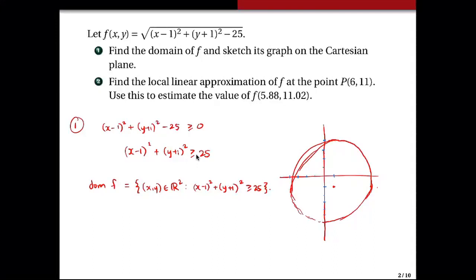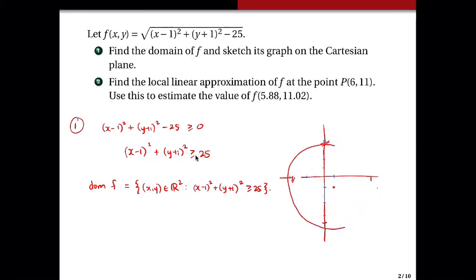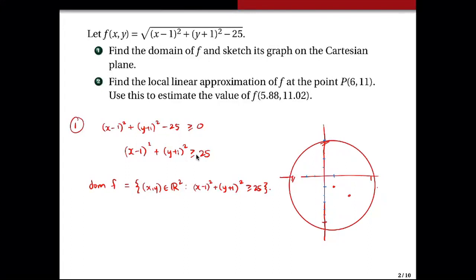Okay, pardon my drawing. Believe it's a circle. Just pretend that it's a circle. Actually, I can do this. Let me erase this part because I can use this. Okay, so pretend that it's a circle. It's already a circle, but pretend that it has radius equal to 5.